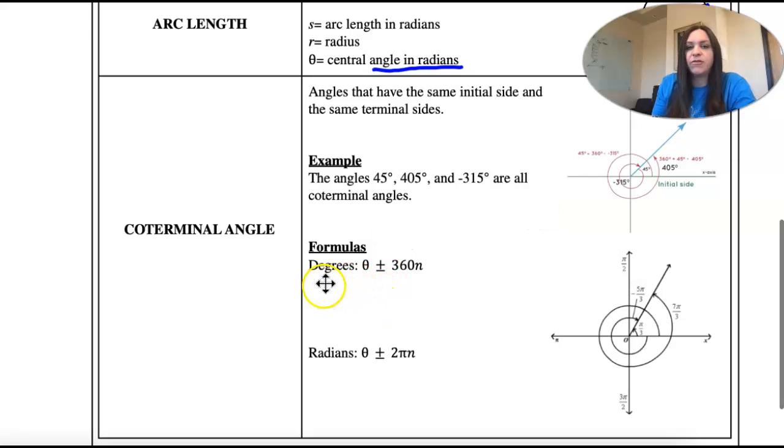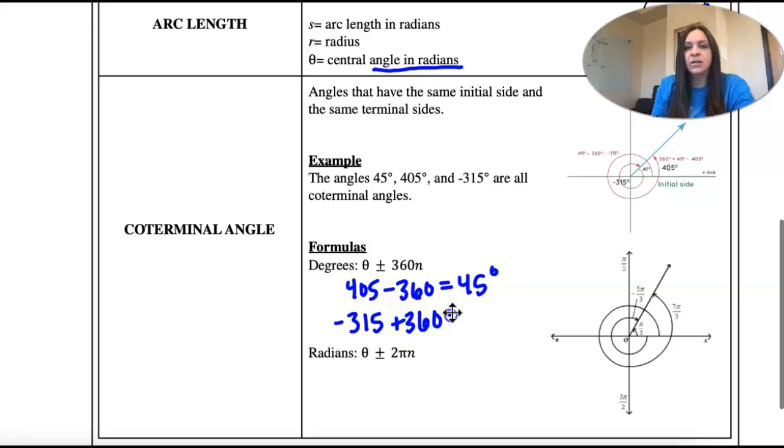If we have 405 degrees and we want the angle to be between 0 and 360, we would subtract 360 to get 45. Right? And if we had negative 315 and we add 360, we're going to get 45 again.